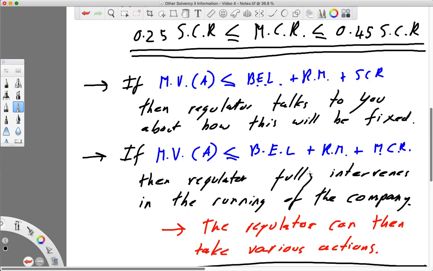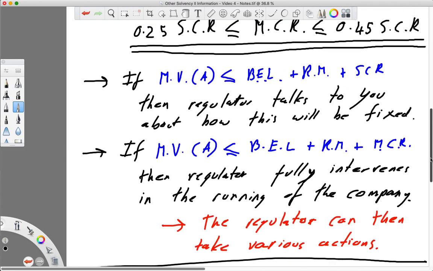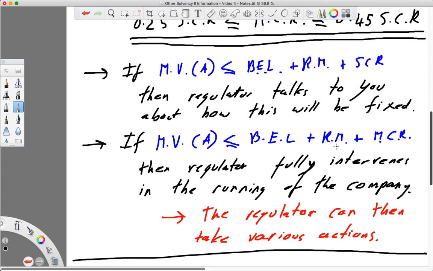Okay, so they're trying to protect policyholders here. And they could do a number of things. They might close the company to new business. They might take the company into public ownership, so that means that the state owns the company. They might look for another insurance company to buy the company in order to put more capital in order to fix this problem. But basically, it means that there's not enough money floating around in the company.